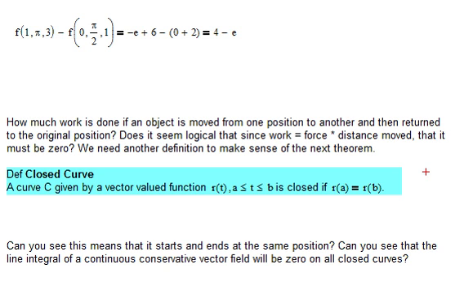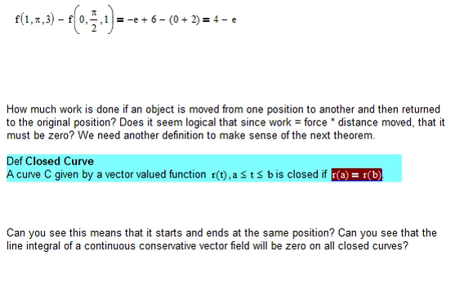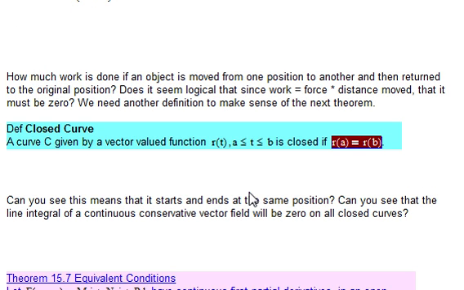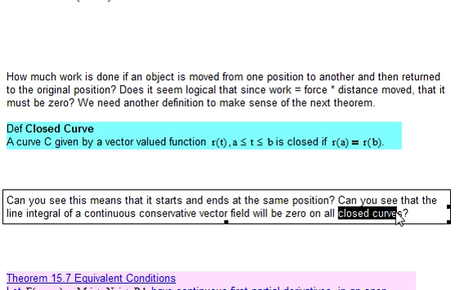In other words, it winds up stopping where it started. It starts at r of a, ends at r of b, and they are equal to each other, equal in the vector sense. The i, j, and k coordinates are all equal. So can you see that means it starts and ends at the same place? Can you see that the line integral of a continuous conservative vector field will be 0 on all closed curves that start and stop in the same place?